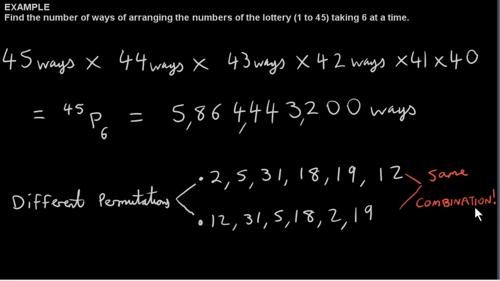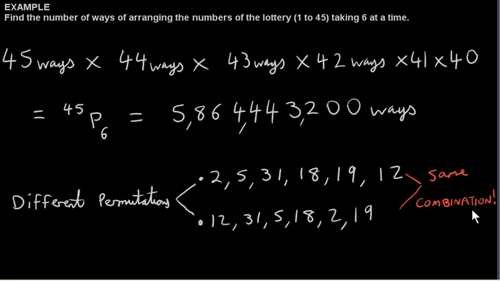In the next few videos we will be discussing combinations. And that's what we're really interested in when we're calculating the number of ways of selecting 6 numbers from 45 in the lottery. The number of combinations will be much smaller.